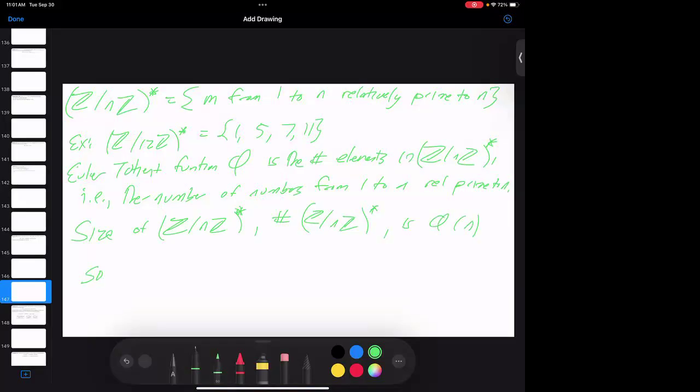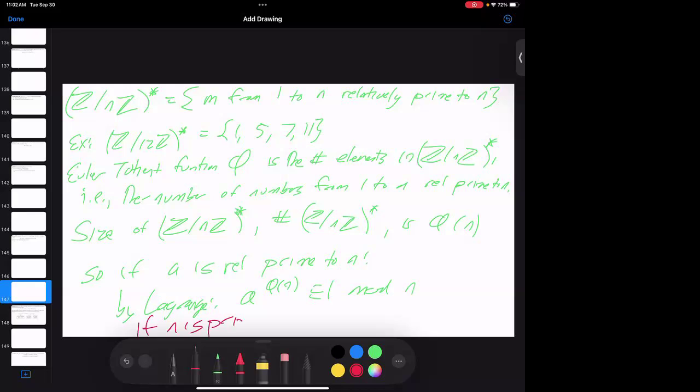So if a is relatively prime to n, then a to the phi of n is congruent to 1 mod n. When n is prime, that reduces to what we did before.